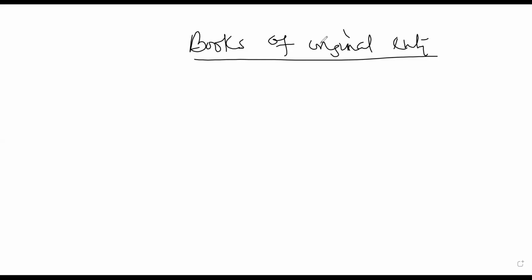So we have the books of original entry as a result of how transactions happen in business on a day-to-day basis. If we recorded them directly in the ledger, it would make the ledger too bulky and voluminous. So how do we avoid that?